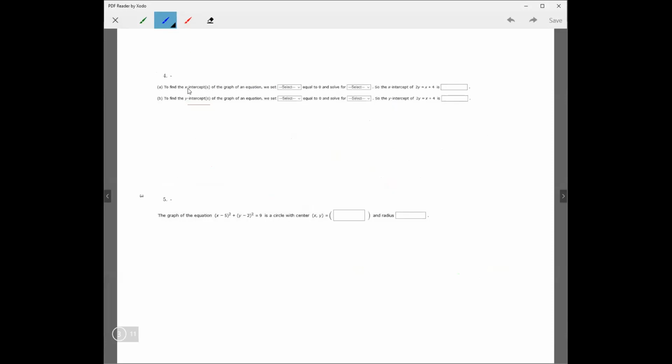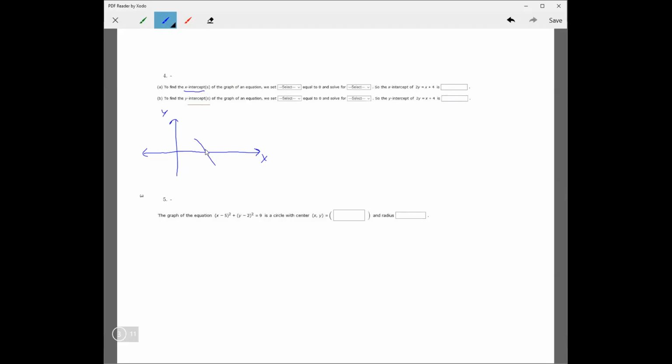Okay, so here we're talking about intercepts, X-intercepts and Y-intercepts. Okay, so for X-intercepts, it's important to understand what they're all about first. So here's the x-axis. The y-axis is going to be like right here. An x-intercept is where it crosses the x-axis, right?